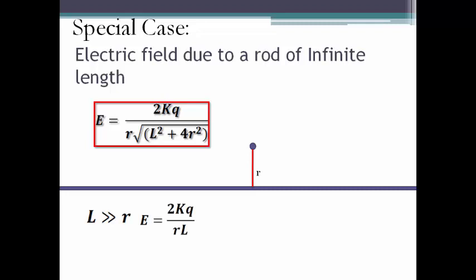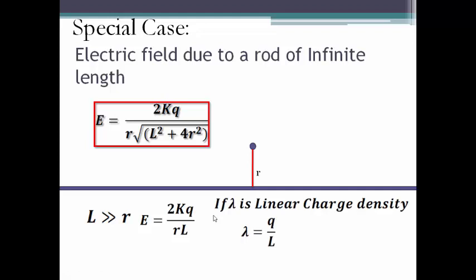Therefore we have 2kq by r into L. Now if lambda is the linear charge density, then lambda will be equal to q by L. So here instead of q by L we can write lambda. So the expression for the electric field due to a rod of infinite length will be E equals 2k lambda by r, where lambda is the linear charge density.